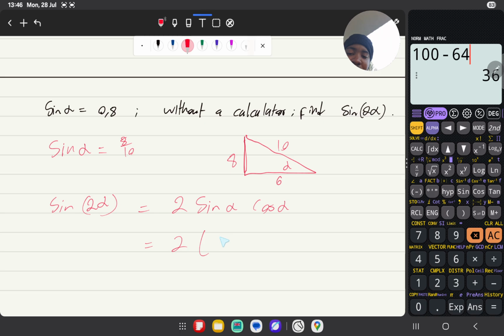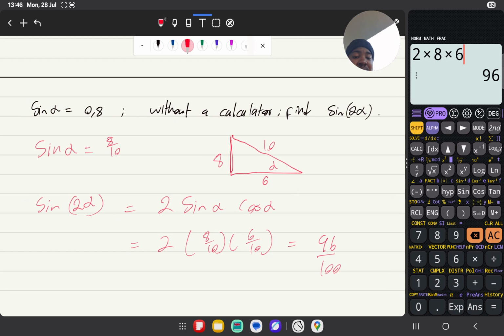So I have 2, I can say 8/10, and then cos alpha is 6/10, which means I have 2 times 8 times 6 over 100. Right, I have 96 over 100. You see? So yeah, I'm getting 0.96.